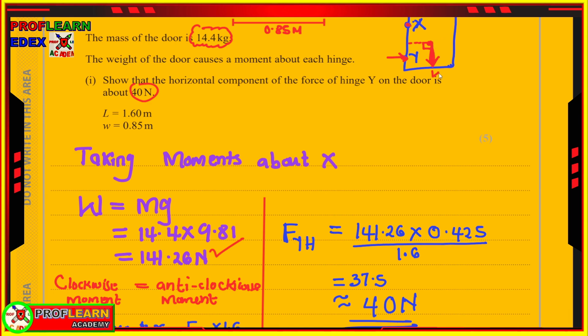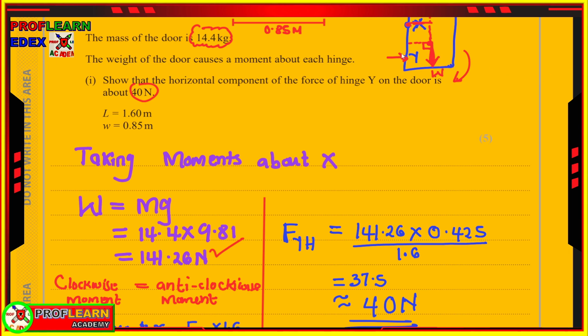The clockwise moment is from the weight pulling this door to swing in this direction, and the distance we use is the perpendicular distance from the pivot to the line of action of the force. So the distance is still 0.425 for the weight here, and this gives us the clockwise moment.